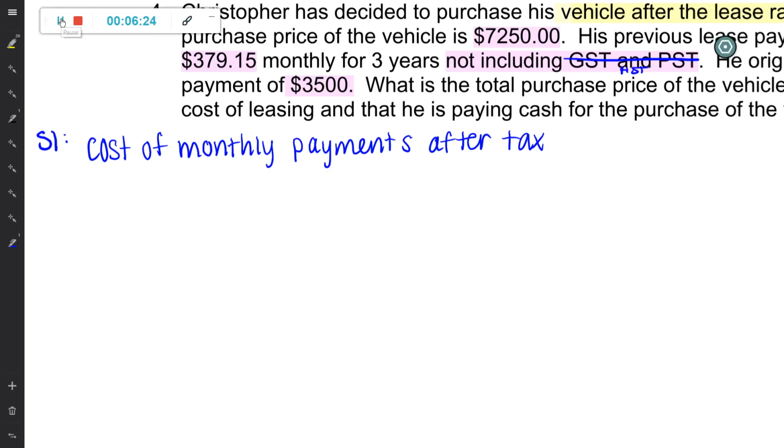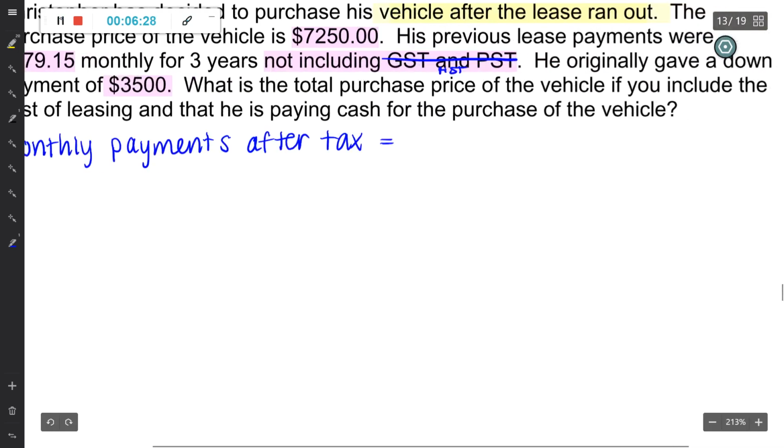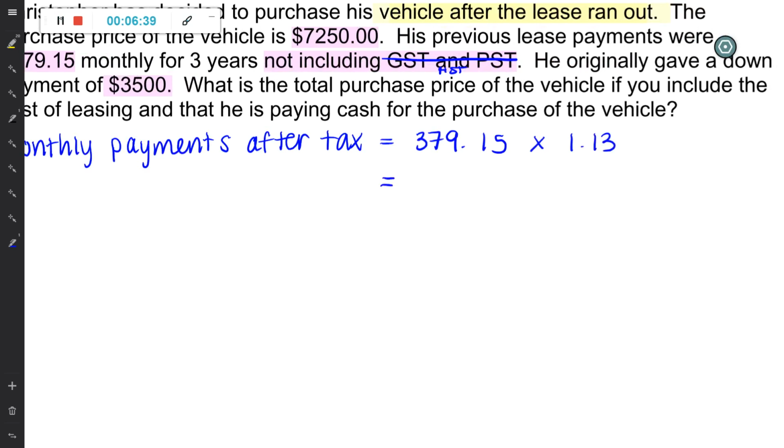Cool? I just zoomed in there for you. So that's going to be equal to how much he was paying before tax. So it was 379.15 times 1.13. Okay, that's how we find tax in Ontario.